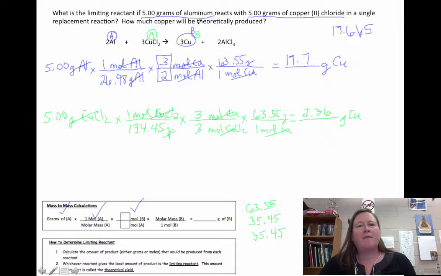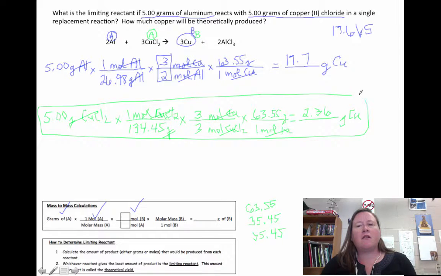All right, so here is the question. How much copper will theoretically be produced? It's going to be whatever the lowest number is, okay? So when I combine these amounts, my theoretical yield, my computer's running really slow, and for some reason it's causing this to not write very fast.